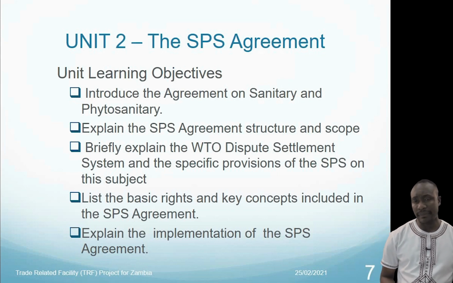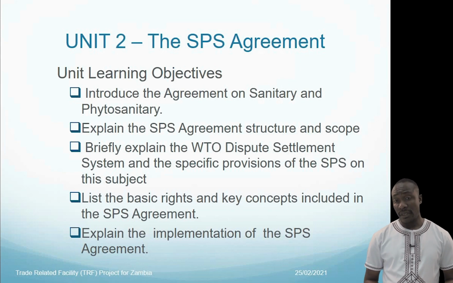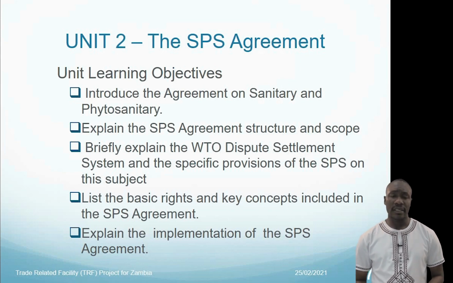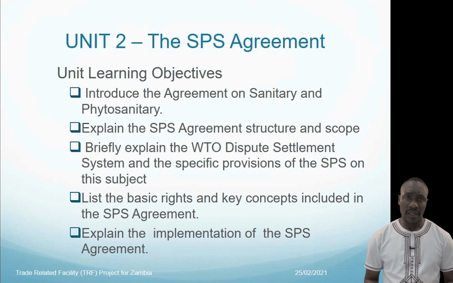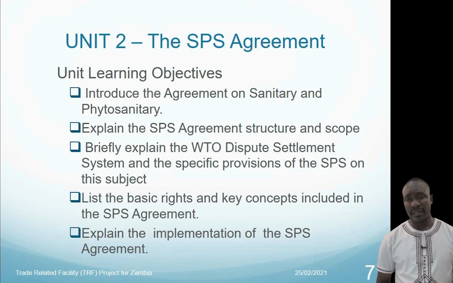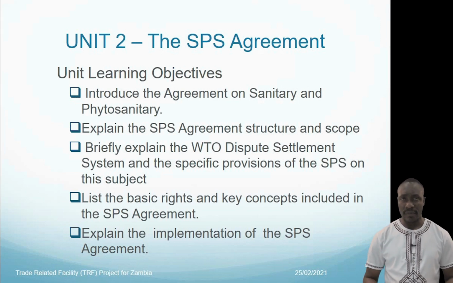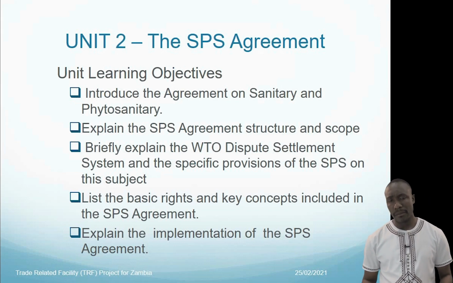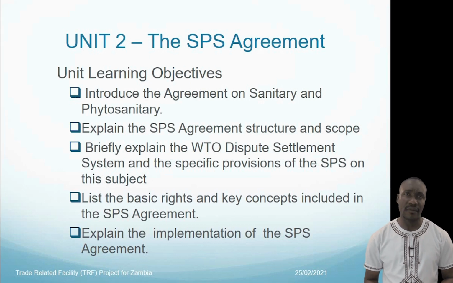We also look at the WTO dispute settlement system and how you can navigate through the frameworks of the WTO to address SPS concerns, and also the list of the basic rights and key concepts included in the SPS agreement. I'll also try and cover the implementation of the SPS agreement.